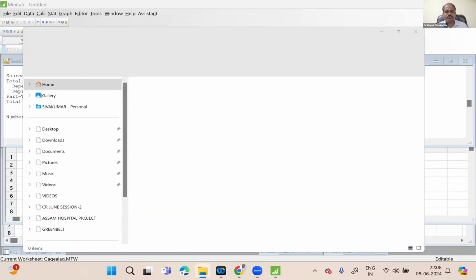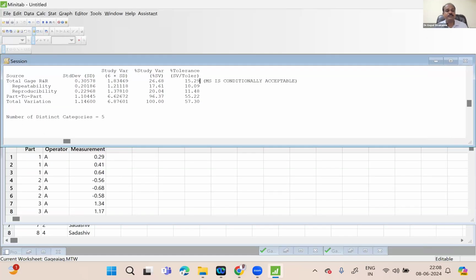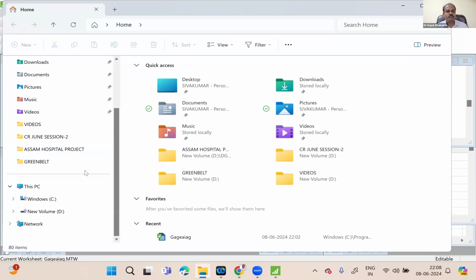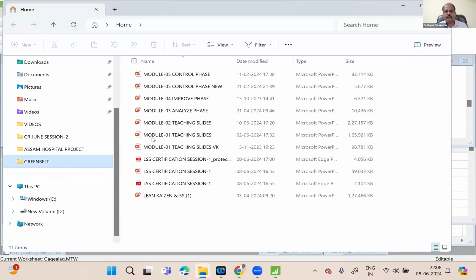Give me a minute. I will share my screen, using which we will try to understand all the graphs. So let me share my complete screen. Go to the folder, and now module 2.